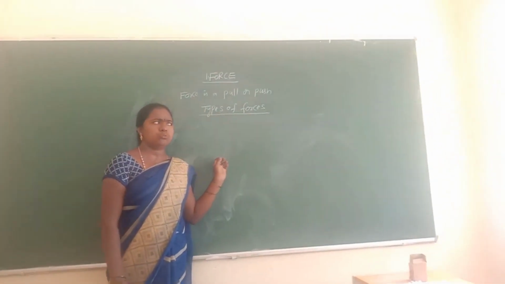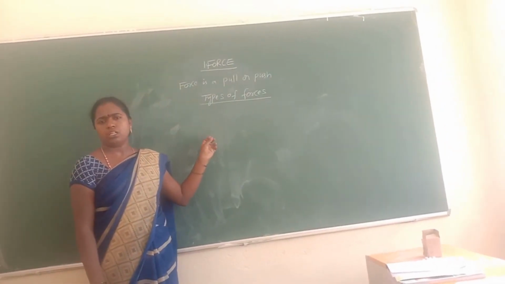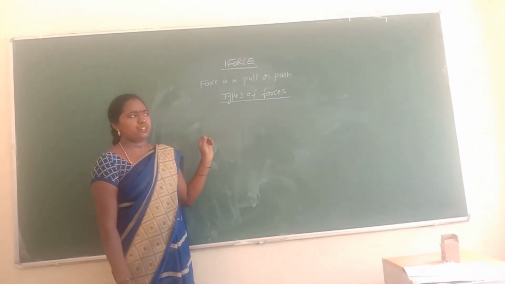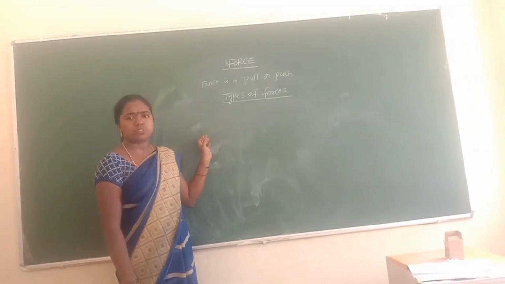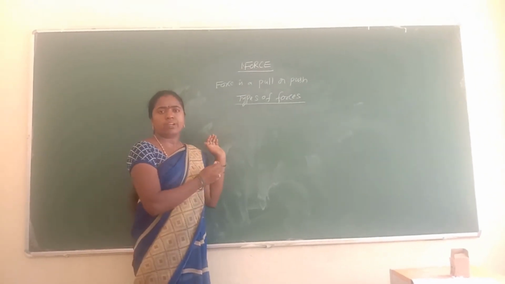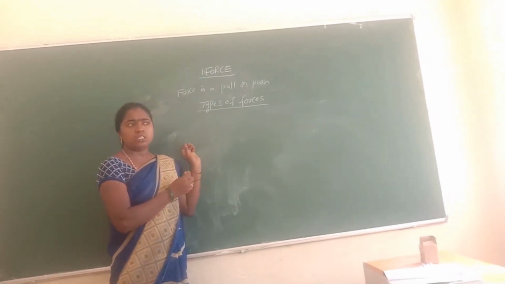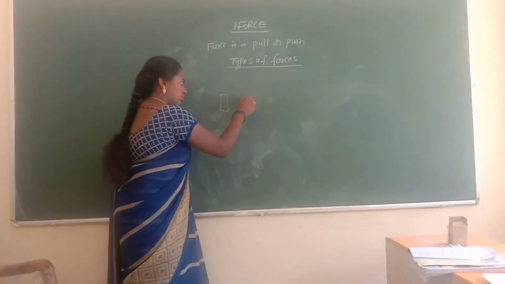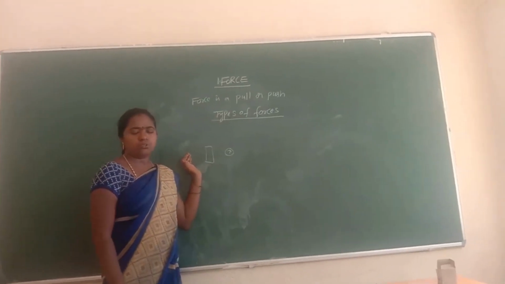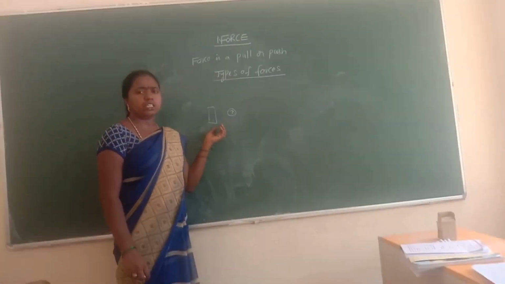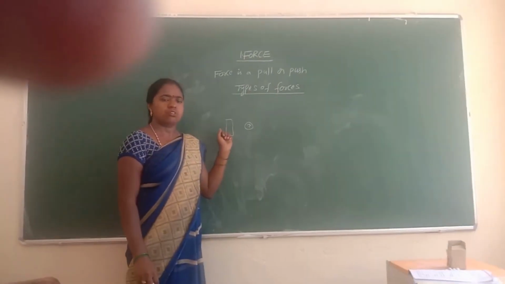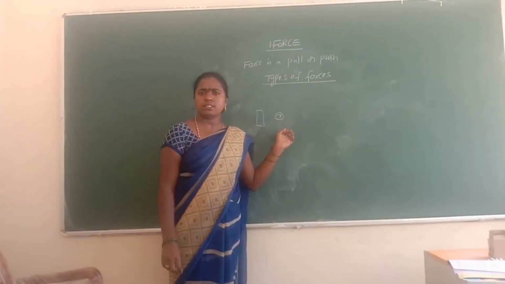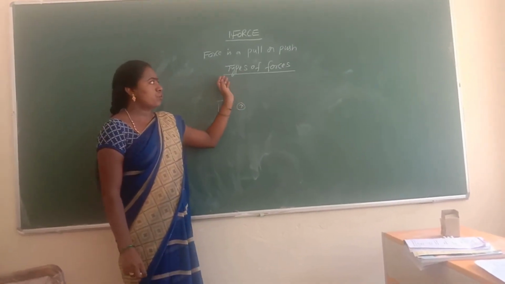In these two situations, observe keenly. In the first situation, the magnetic compass is deflected near the bar magnet. The two objects are not in contact, yet a force is acting. So today we will discuss the types of forces.